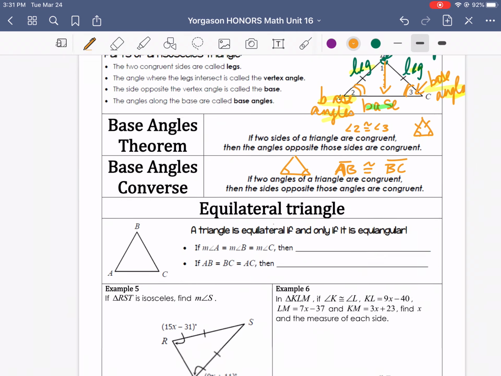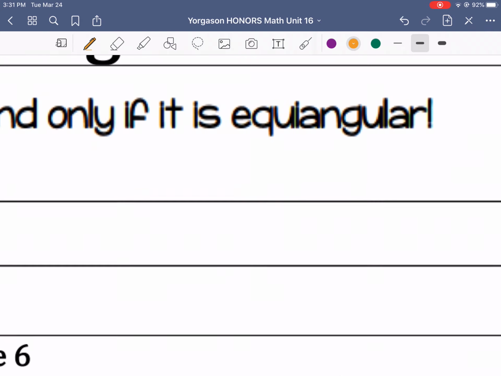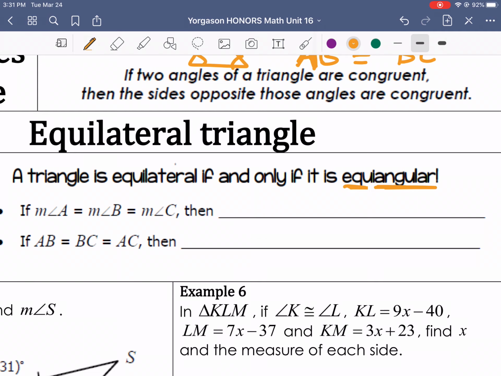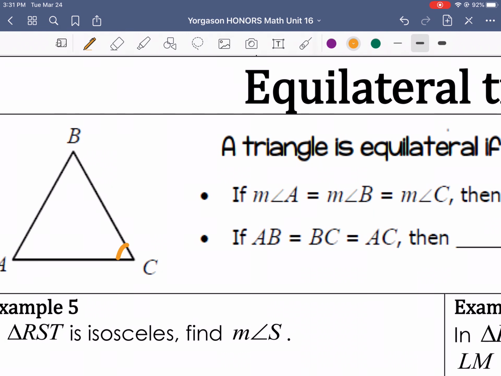Lastly, we have equilateral triangles. So a triangle is equilateral if and only if it is equiangular. That's a fun word. That means equal angles. All three angles are the same measure. So this equals this equals this.